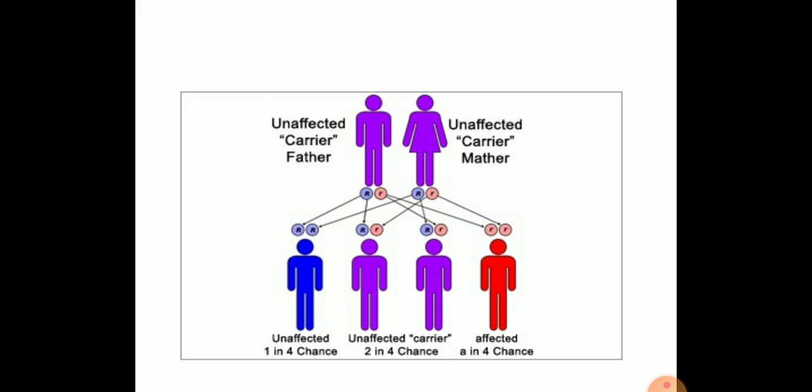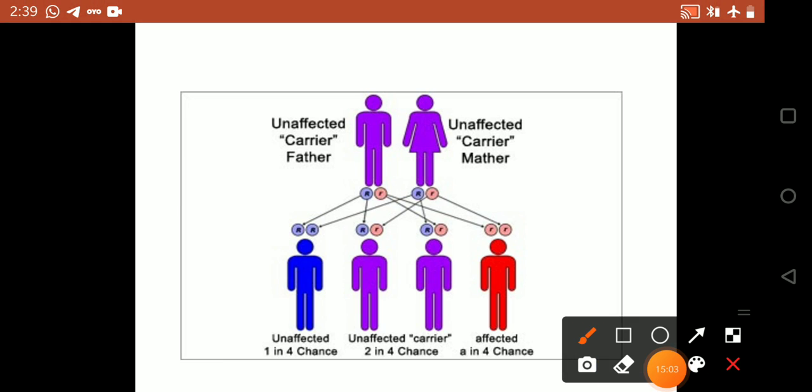So the example tells us that the unaffected carrier father is nothing but HbS with HbA. So he will be a carrier. The unaffected carrier mother is the same, HbS with HbA.